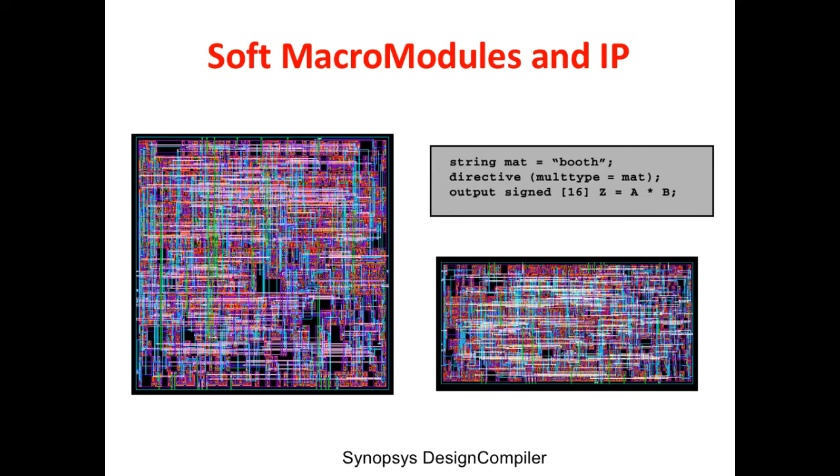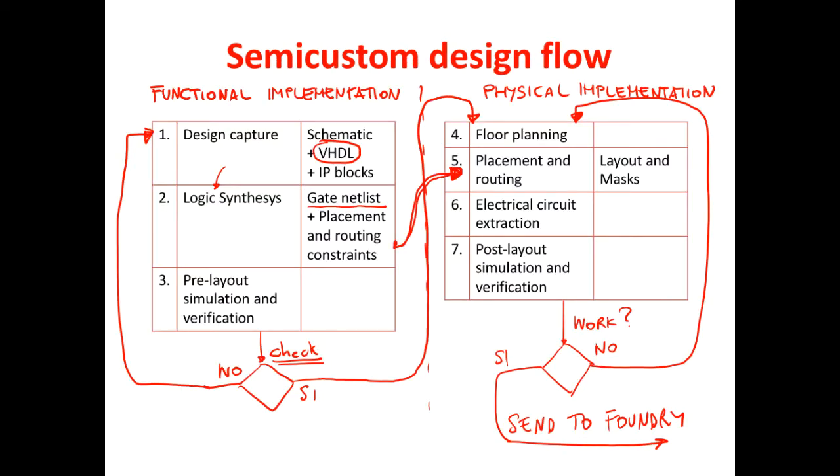Okay, let's have a look at the semi-custom design flow. Basically, it is identical to what we have already described, but with some more details and also with some illustrations of the iteration that we need to do.